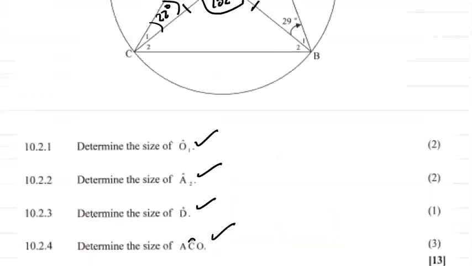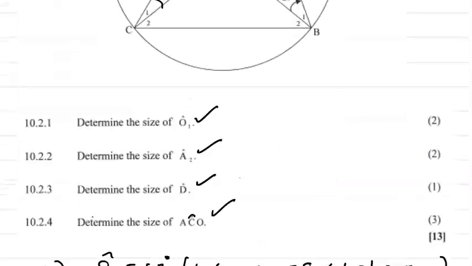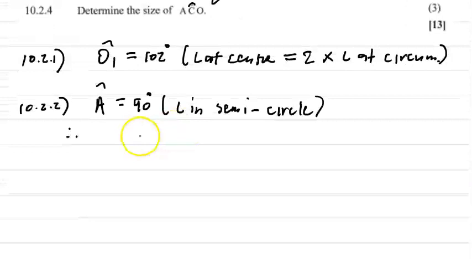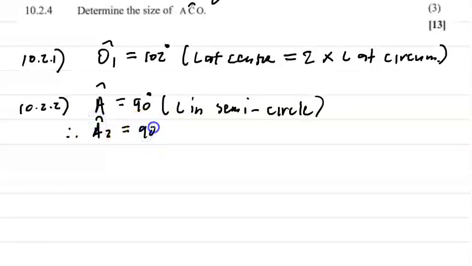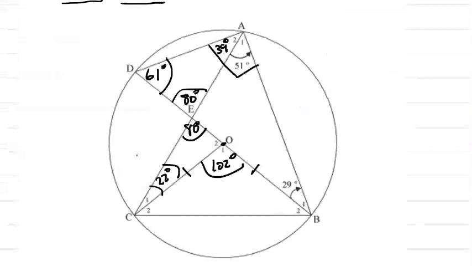Therefore, we can now say that A2 is equal to 90 minus 51 degrees, and 90 minus 51 degrees is 39 degrees.